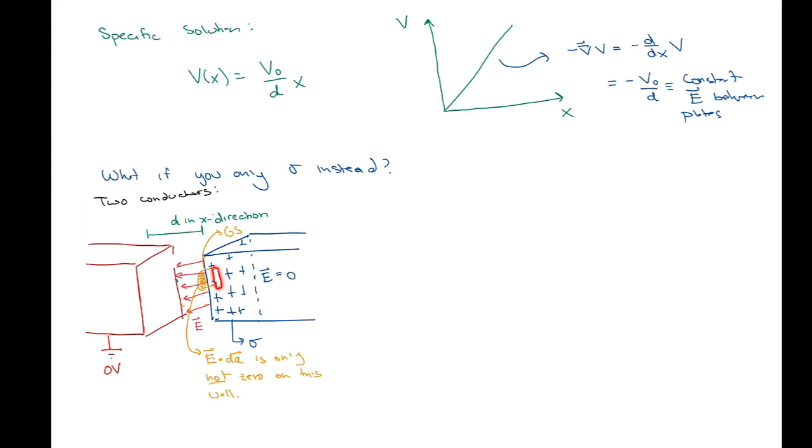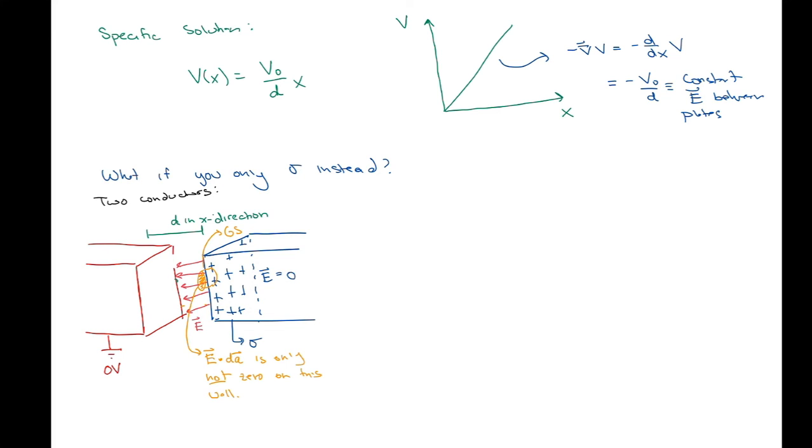On the other side of my Gaussian surface, inside the conductor, it has to be 0 because the electric field is equal to 0. On the actual sides of my pillbox, it's 0 because the area vector in that case is pointing either up or down, which is perpendicular to the direction of the electric field, and that dot product is going to give me a 0, okay?